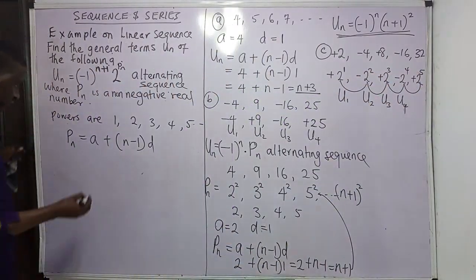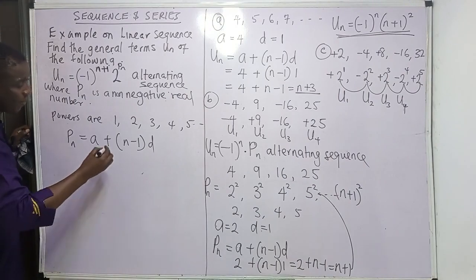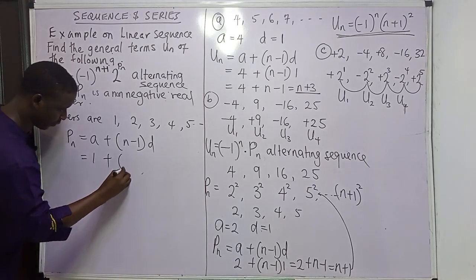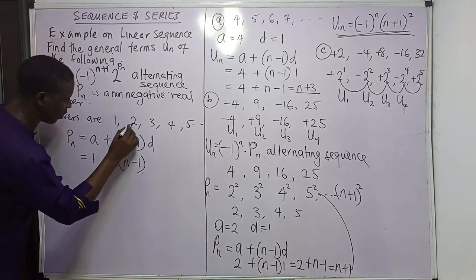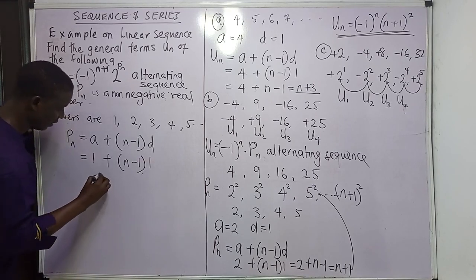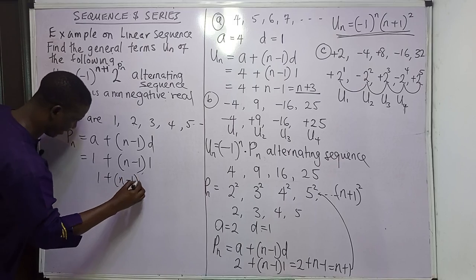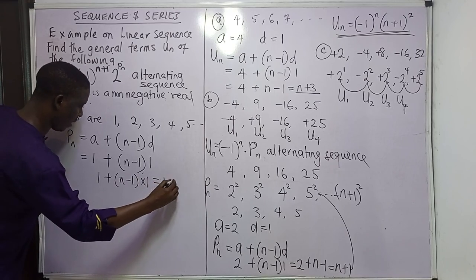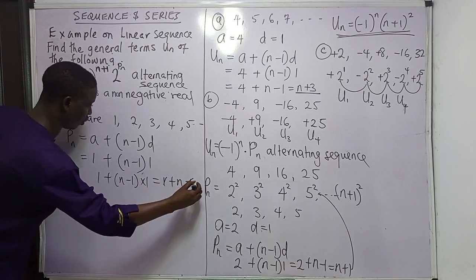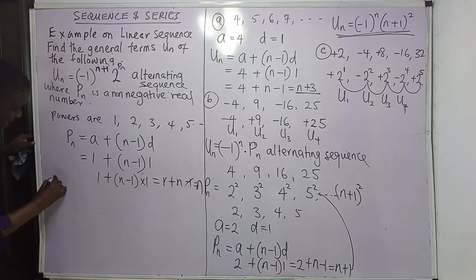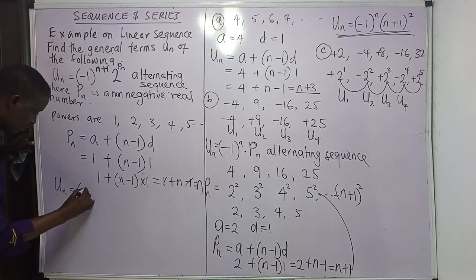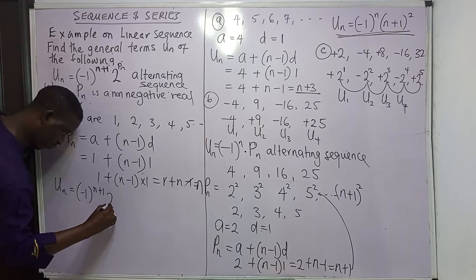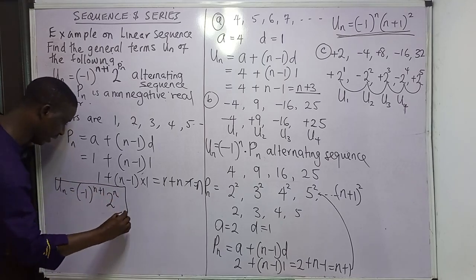So we just go by the solution. The sequence has 1 as the first term, plus n minus 1 times the common difference. What is the common difference between 2 and 1? It is 1. So 1 plus n minus 1 times 1, which is equal to n. So our final answer for Un is minus 1 raised by n plus 1, times 2 raised to the power n, as the nth term.